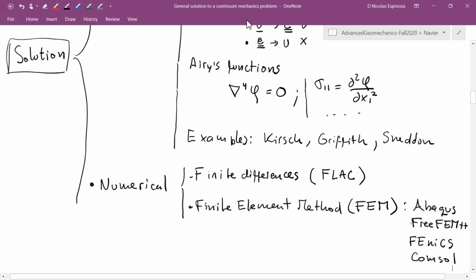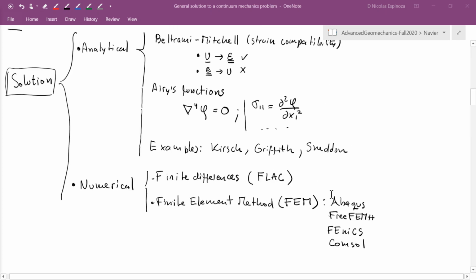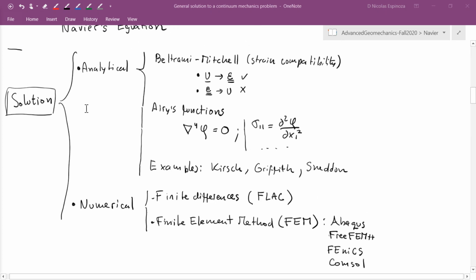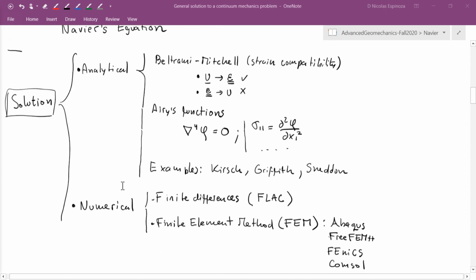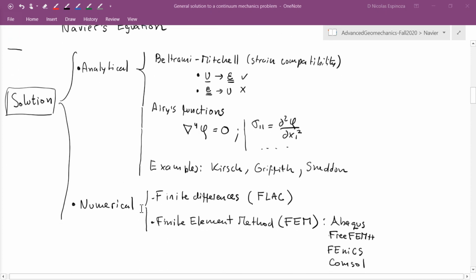All right, but in summary, there are several approaches that you can use in order to solve this differential equation. And what we're going to see next is how to use numerical solutions in order to solve this problem. Numerical solutions are particularly well suited to problems in which you have complex boundary conditions.